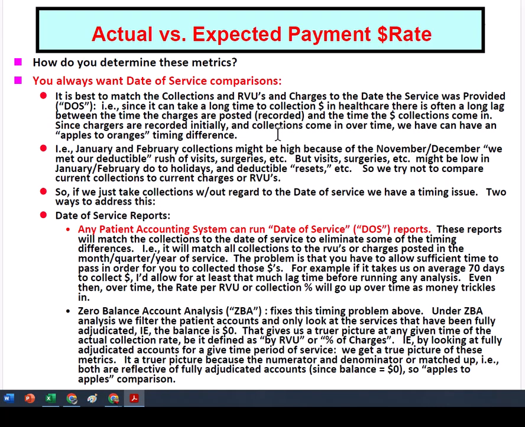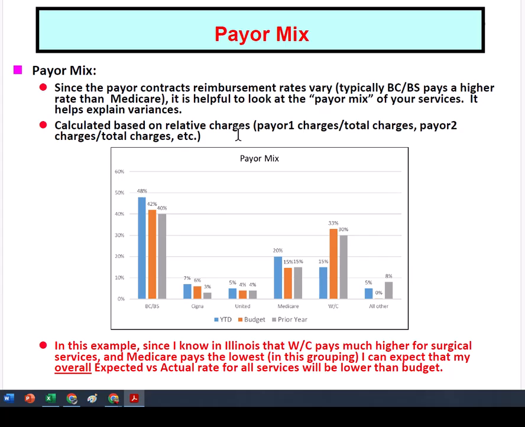You don't want to take that January, February, and March money that related to December and compare it to January, February, and March services. Kind of makes sense. I think that's enough said. You just want to match apples to apples.